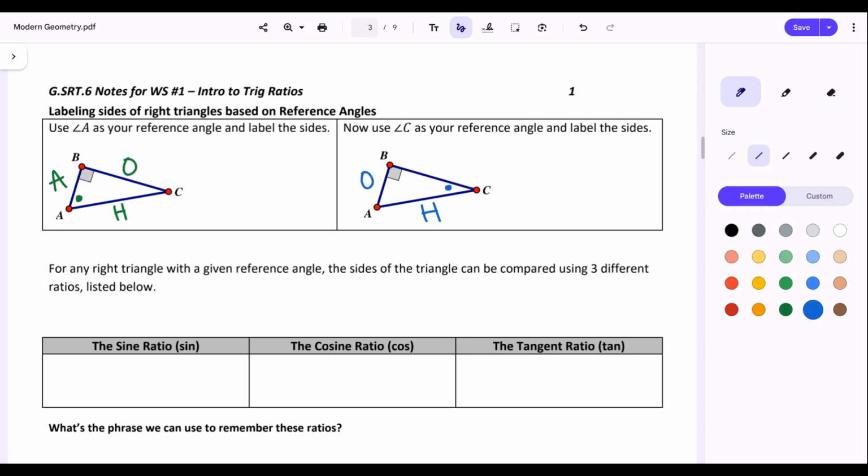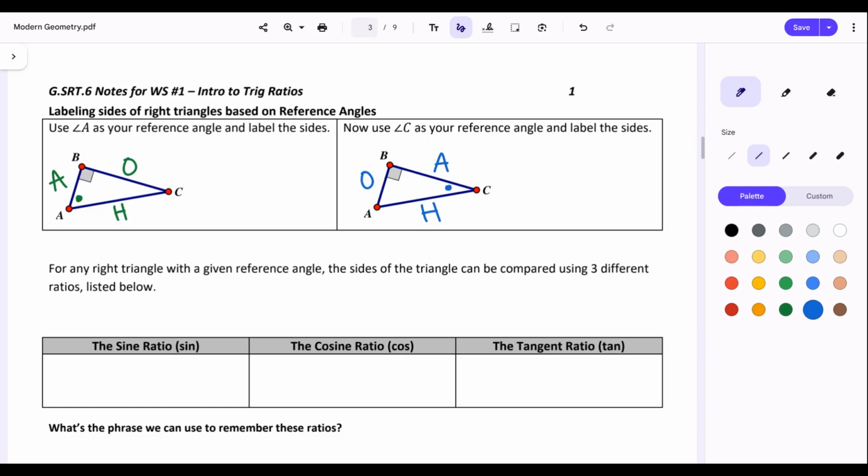And then adjacent would be B to C. You can see that the only thing that changed there was my opposite and my adjacent sides. So when your reference angle changes, those two sides are going to be changing too. The hypotenuse should always stay the same. It's just good to be able to look at these pictures and know if I'm looking at this angle, this is how I would set up my opposite and my adjacent side, okay?